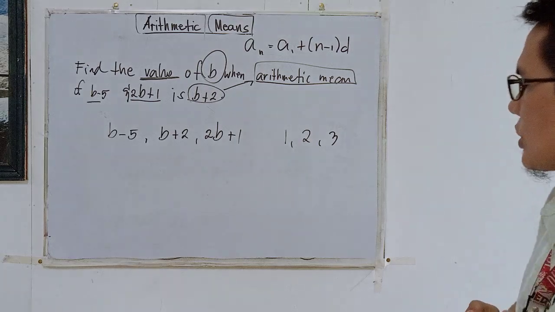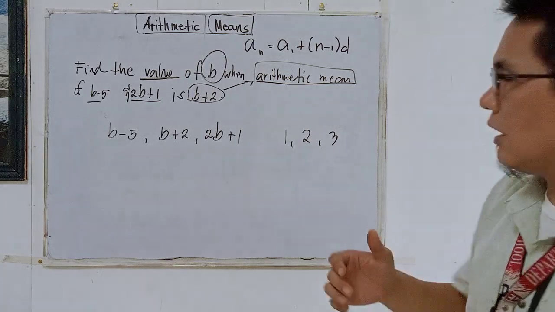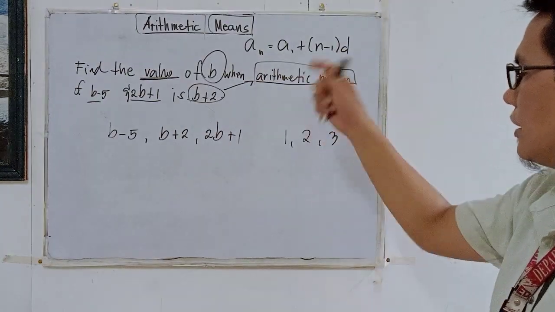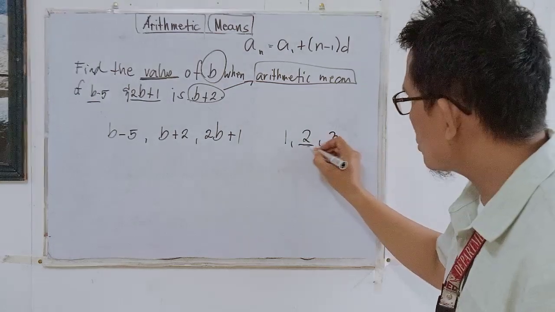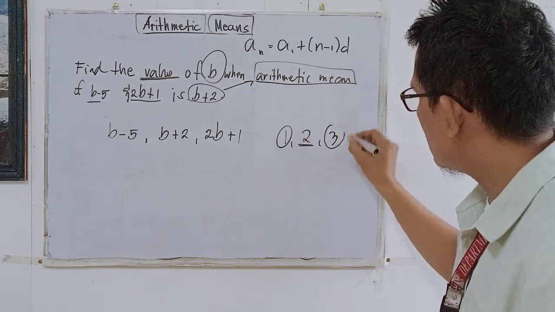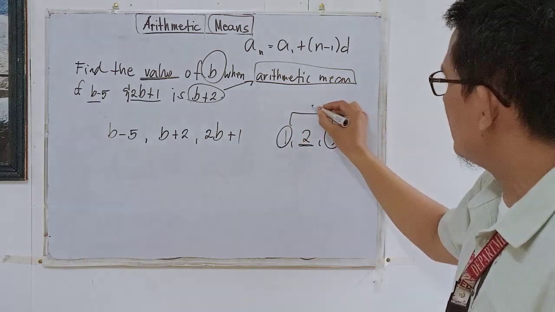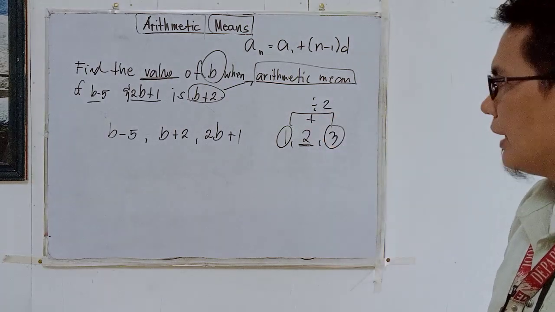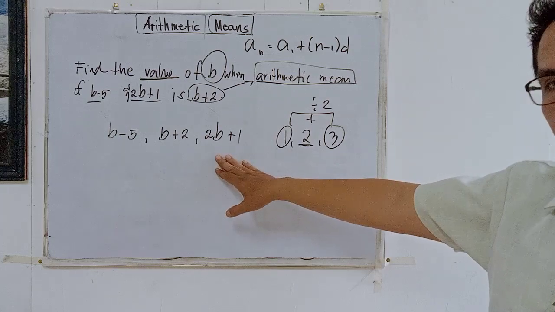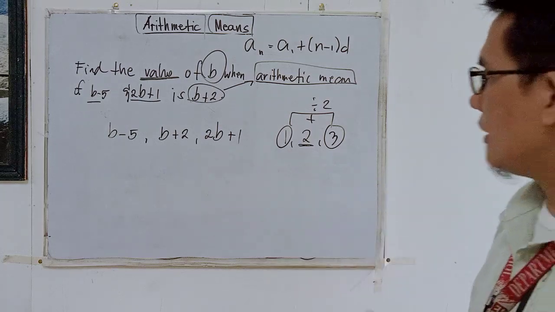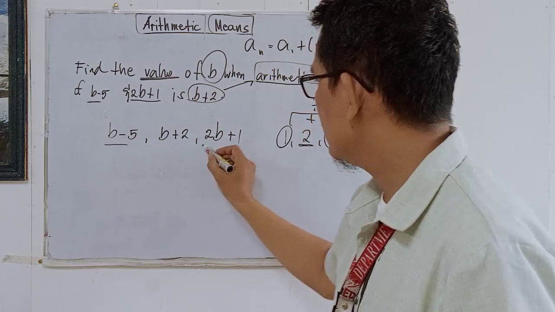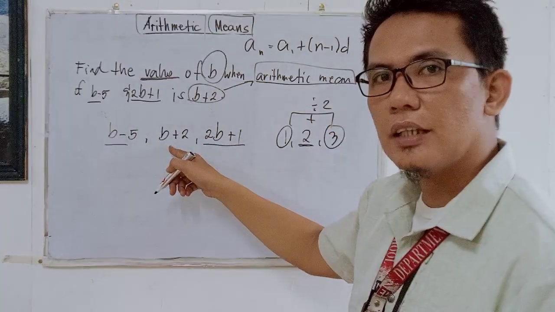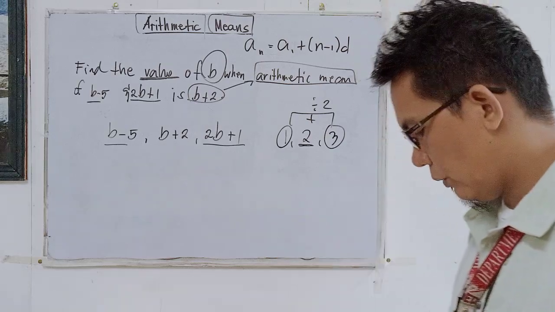If you still remember our first illustration in arithmetic mean, we get it by adding these two terms and dividing by 2. Right? Add these two terms and divide by 2. So we can also do it here. Okay? So we can add, then divide by 2 in order for us to get this one. So that is one way.